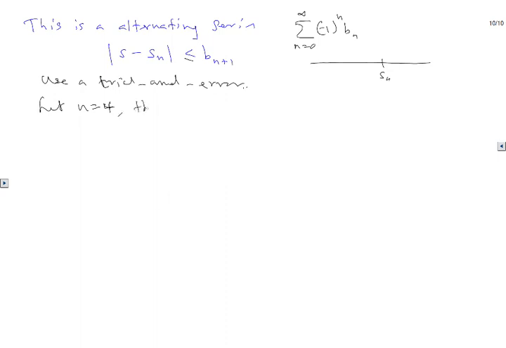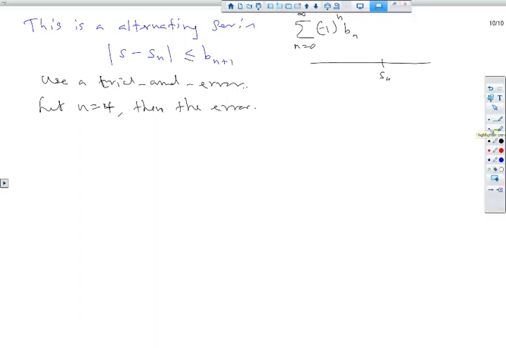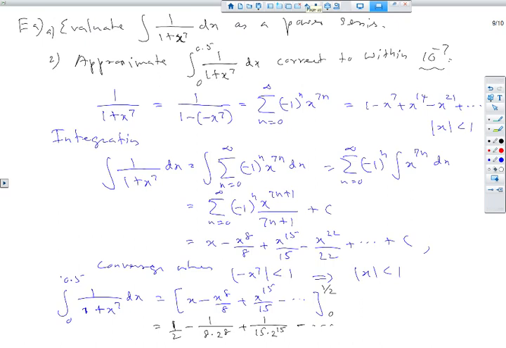Then the error, so that means you're going to go to the next term. So the error is what? When you say n equal 4, you go to the general term of the series and plug in the next value. So what's the next value?